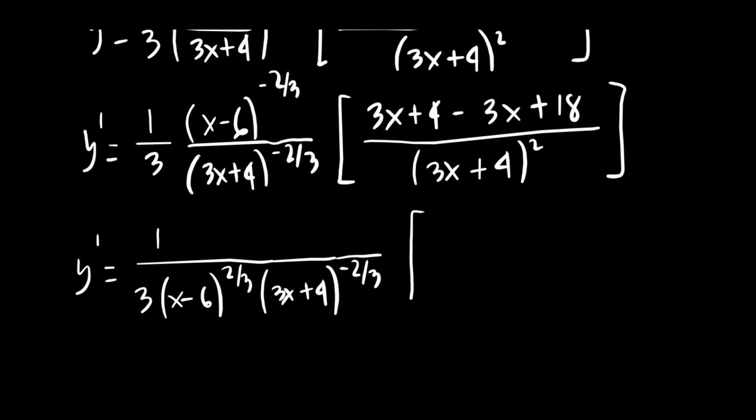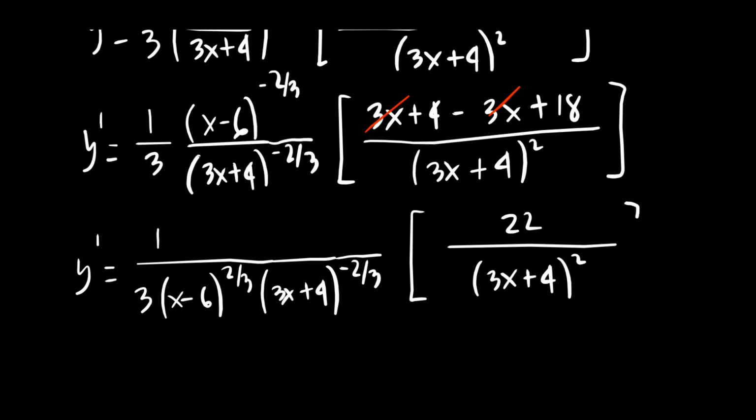Then 3x minus 3x is just equal to 0, and 18 plus 4 is just equal to 22. So 22 all over (3x plus 4) squared.